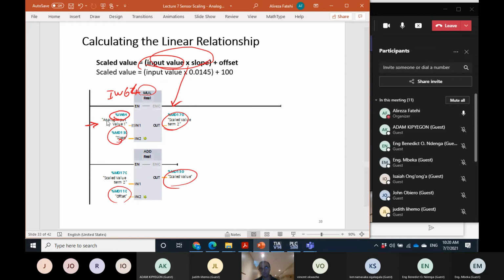So if you have this input value in your PLC, then it gives you the scaled value as the output of this part of the program. Okay, this is one way to implement this math function.